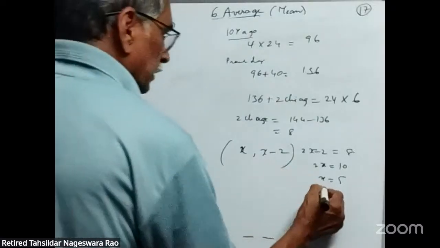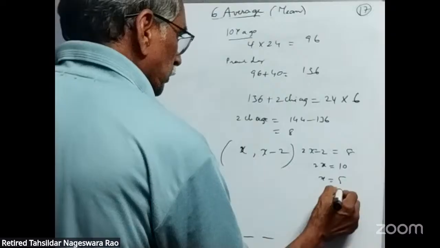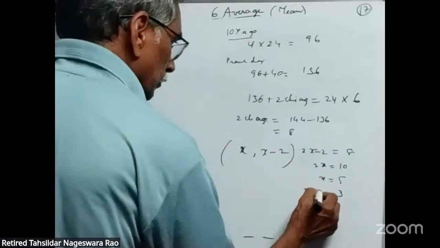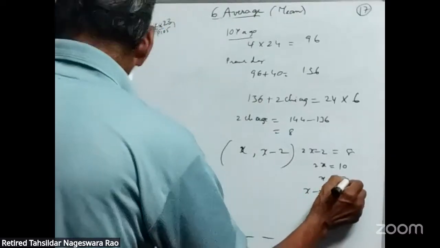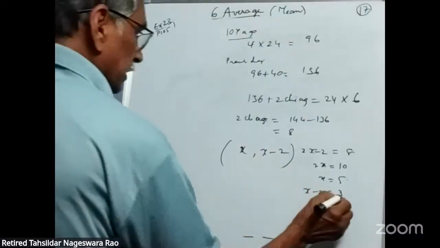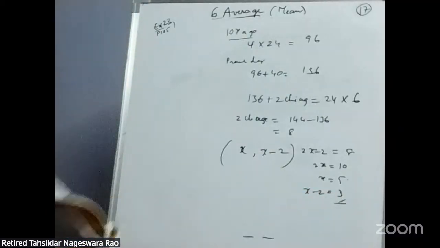One child is 5, the other child is x minus 2, which is 3. He is asking only the younger child. Younger child is 3 years old. That's all. Completed.